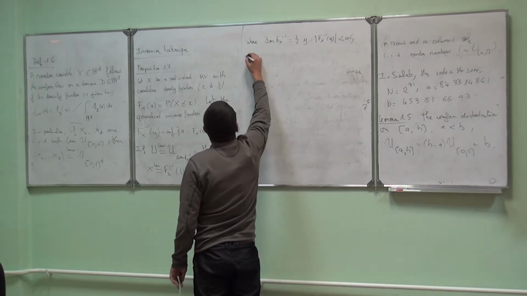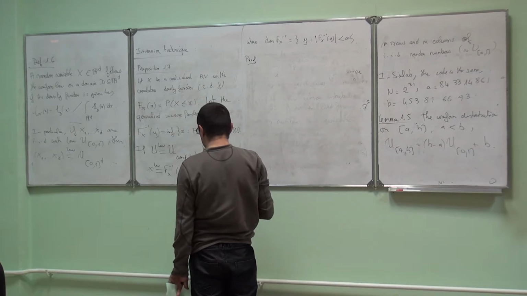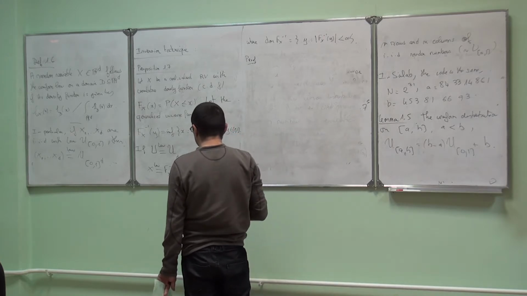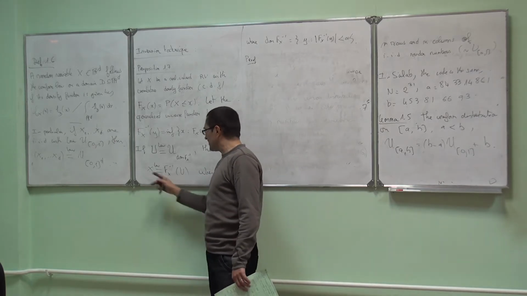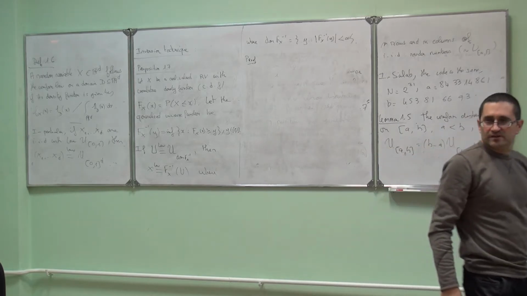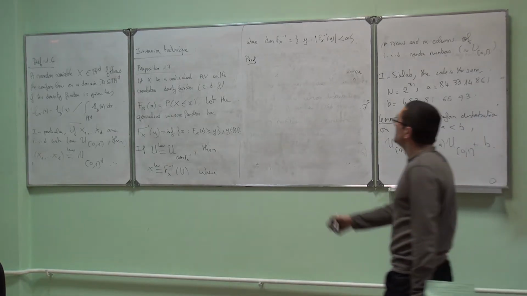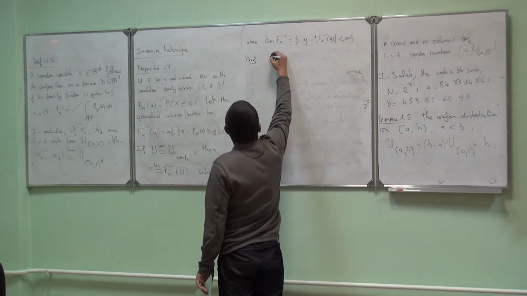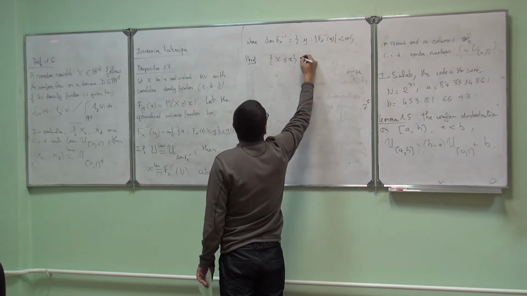The proof actually is very simple, because we just need to show that the two random variables have the same distribution, or equivalently the same cumulative distribution function. And then you can show that X less than x.